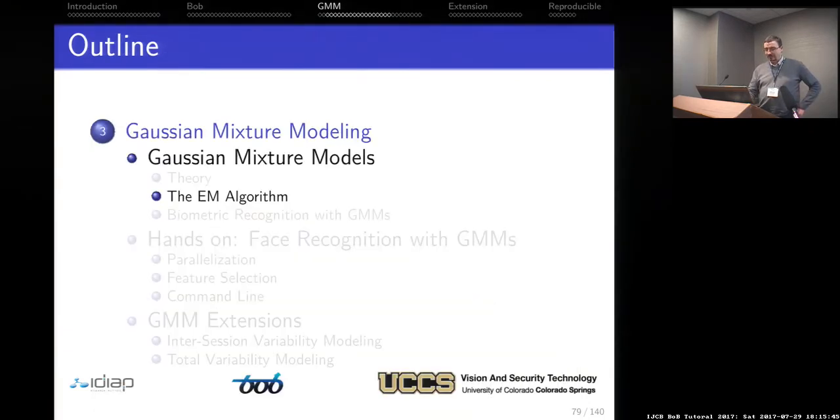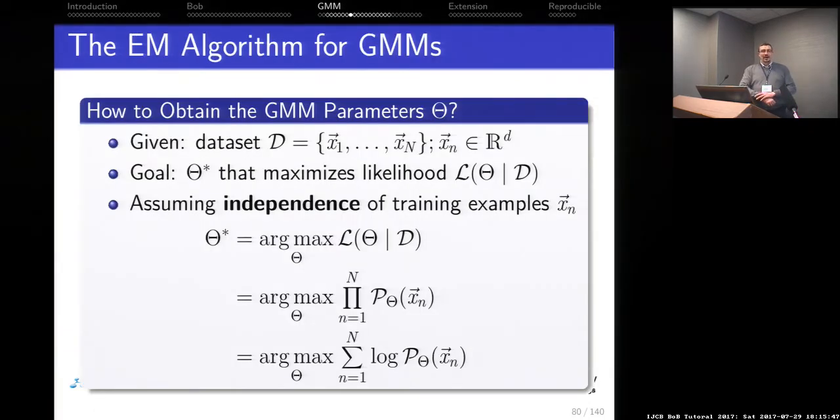Okay, so now, as I said, it's not that simple anymore to estimate the parameters of the GMM. So what we use is an EM algorithm that maximizes the likelihood of the parameters given the data set.